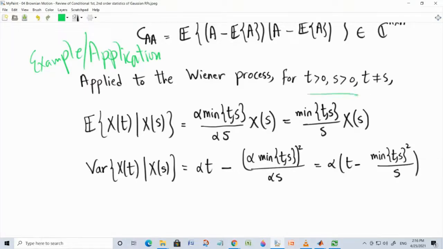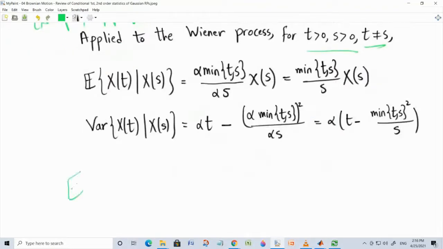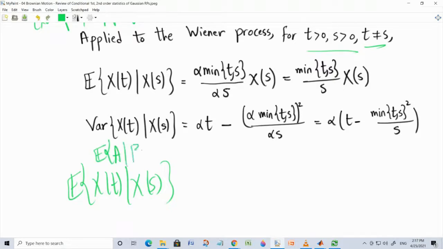Suppose that you have two time instants t greater than 0 and s greater than 0, with t not equal to s, and I ask you what is the expectation of x of t given x of s. What is the rule? I will copy it from above.